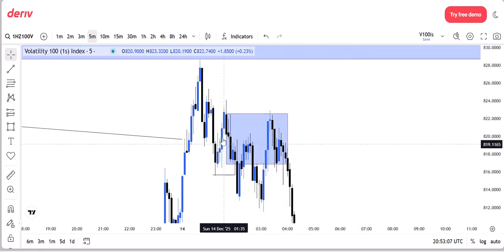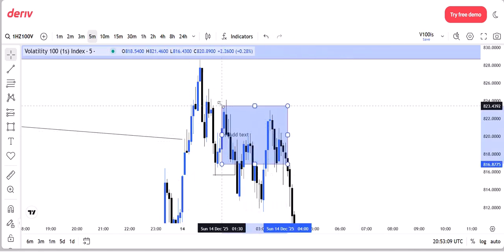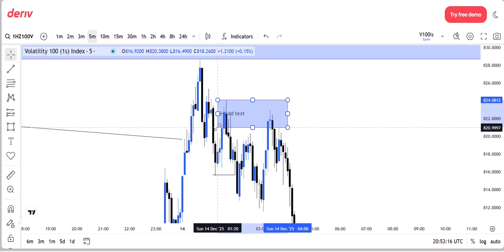Okay, so there was no imbalance in the 10 minutes time frame, but coming down to the 5 minute time frame, we saw that there's an imbalance here.